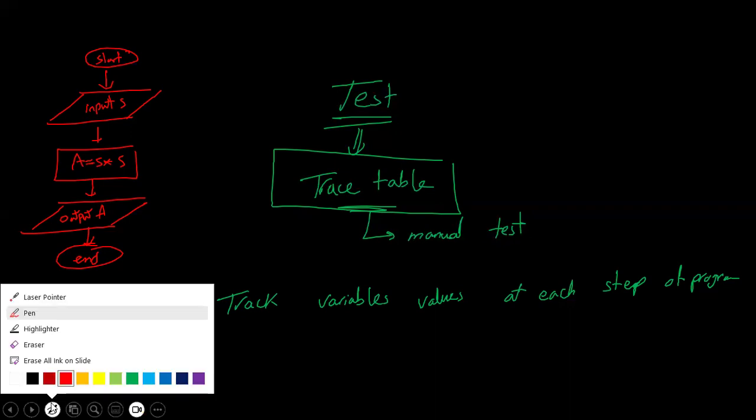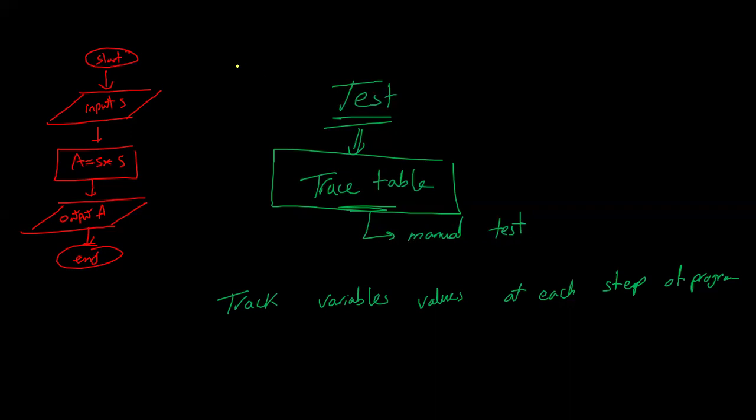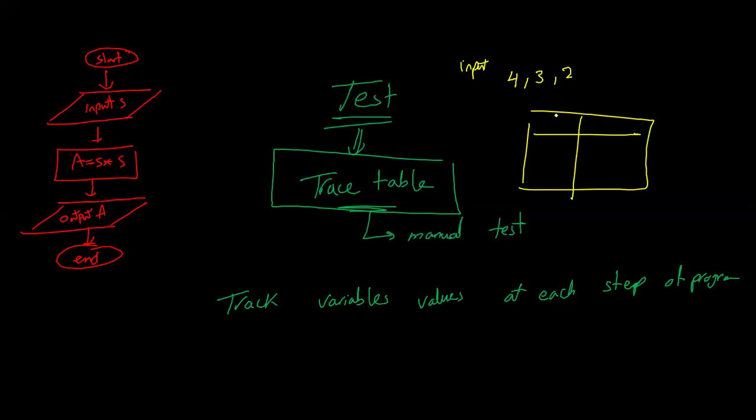In a trace table, you will try your program using many values. So I will tell you to test it using 4, using 3, using 2 as an input. First, you will check what are the variables which we have. We have side and we have area, and we have the output.